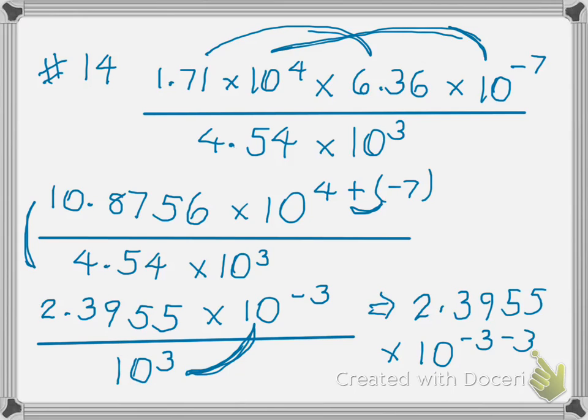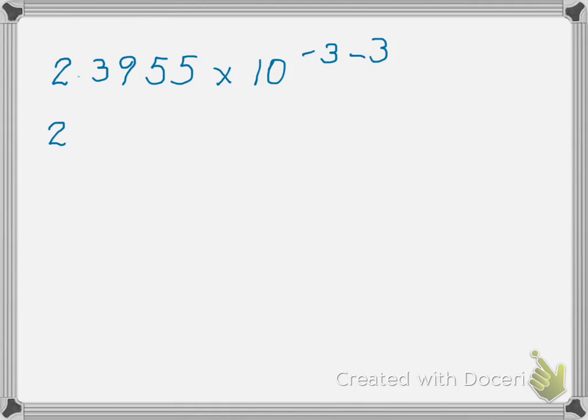So going to the next slide, we have 2.3955 times 10 to the minus 3, that's what we had on the previous slide, and that's the same as 2.3955 times altogether 10 to the negative 6, right?